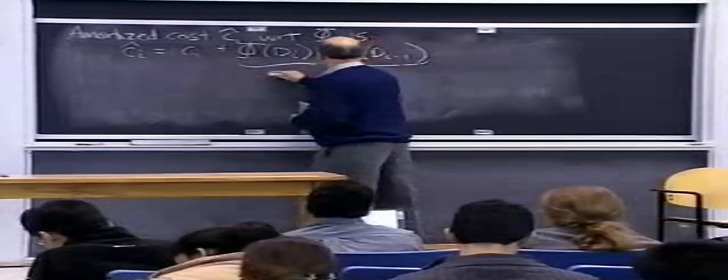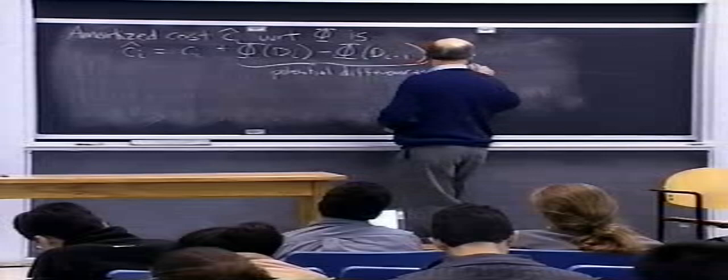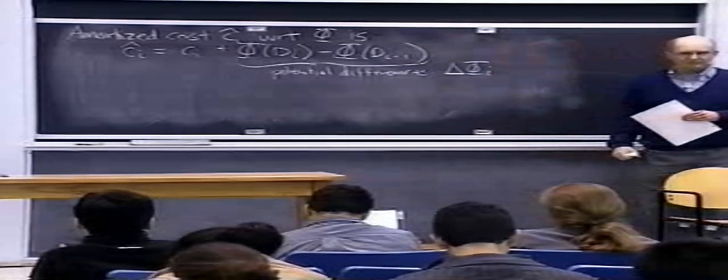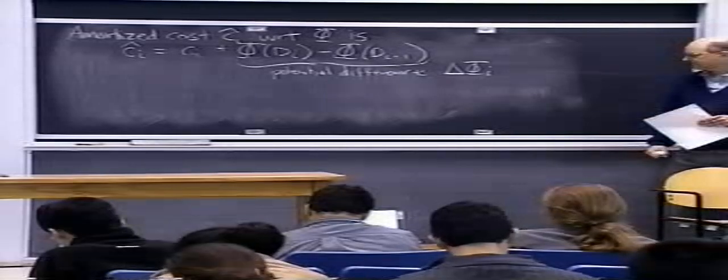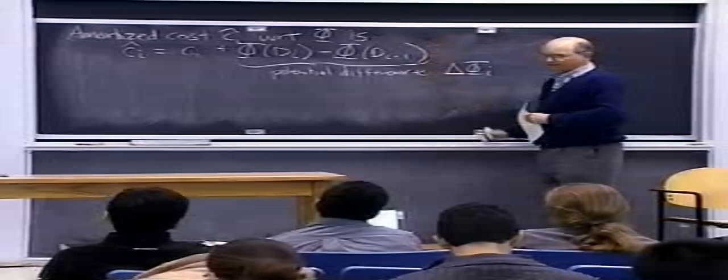And this is called the potential difference. We'll use the notation that this is delta phi sub i, for the potential difference.